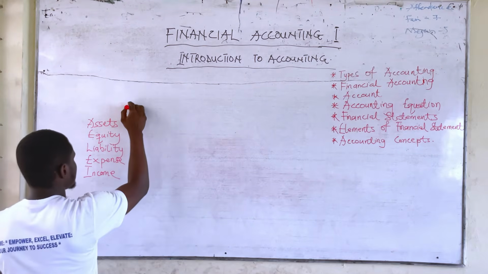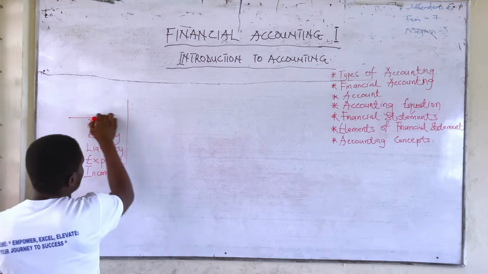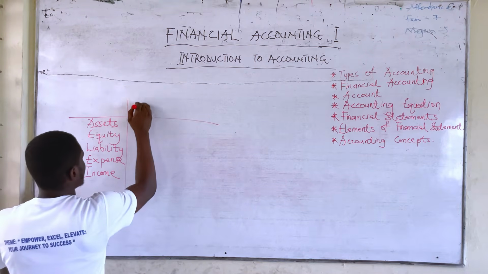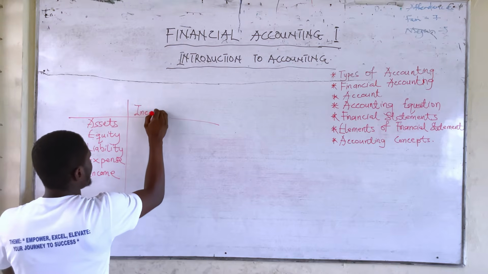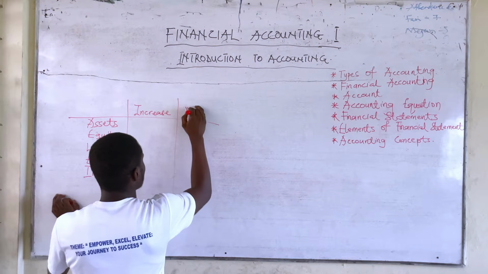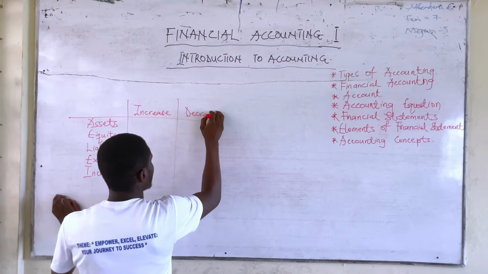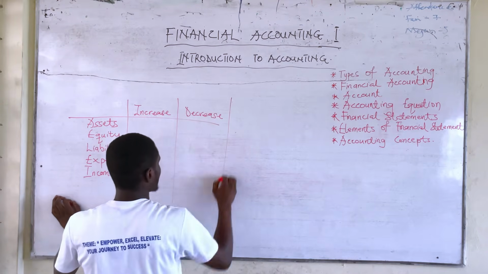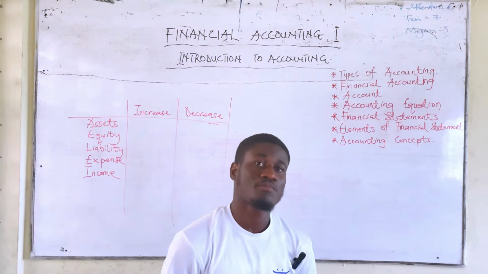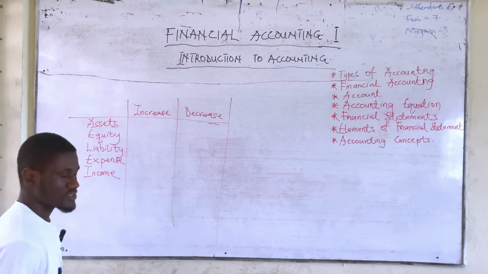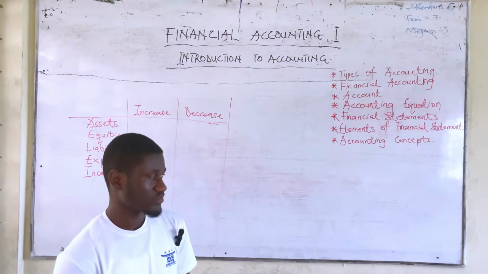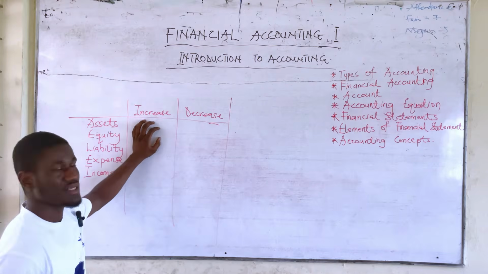So we are going to show how these elements are treated. Good. So for assets, when assets increase, you are going to debit.